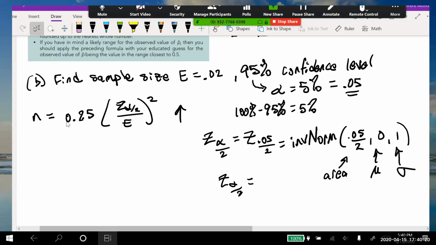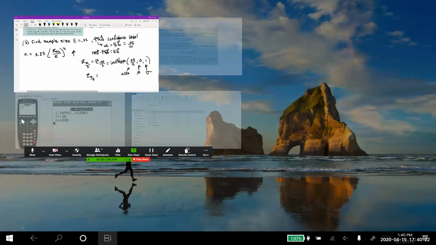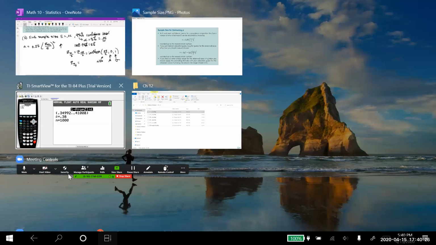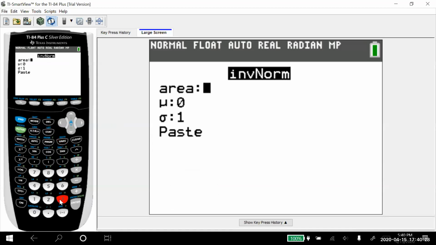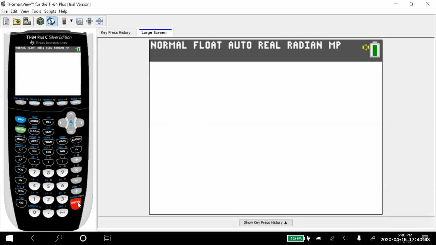You guys remember how to do this. We go variables. Inverse normal is 3. Mine walks me through. Oh, my area was 0.05 divided by 2. And you're welcome to just put it in that way. Notice it defaults to mu is 0 and sigma is 1. If yours asked if it's left, center, or right, mine defaults to left.